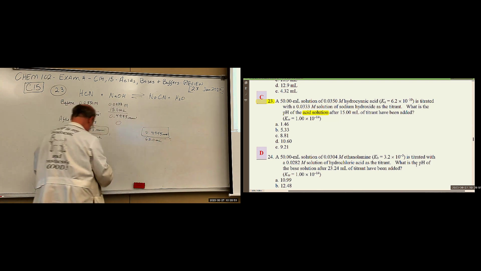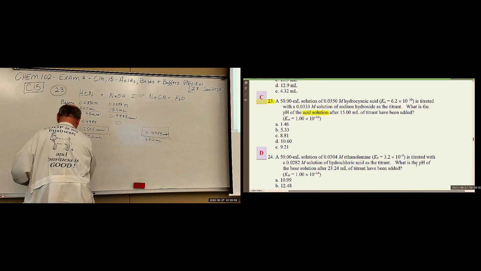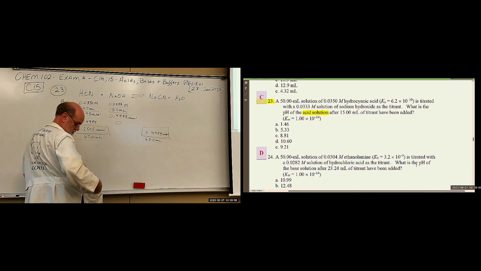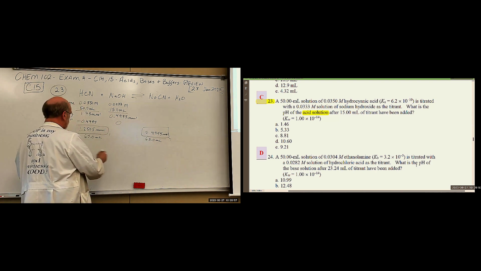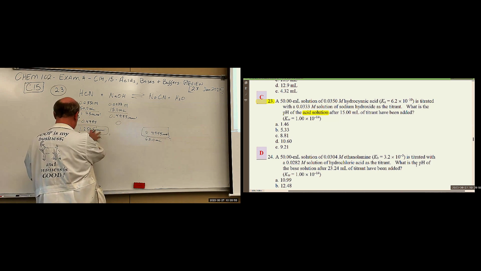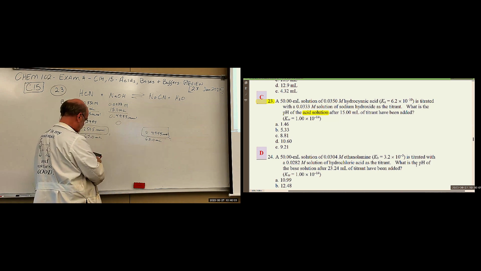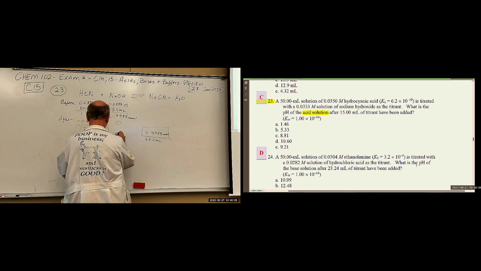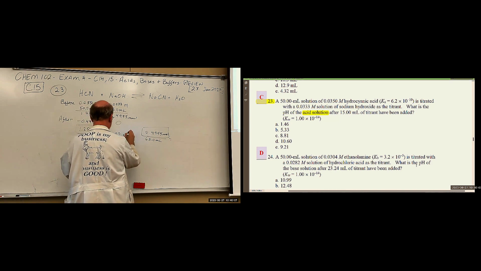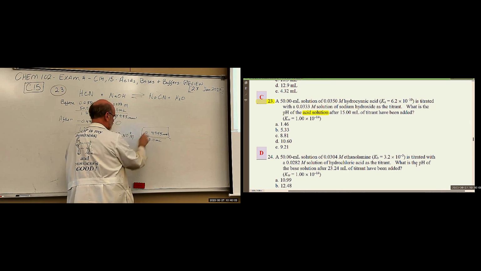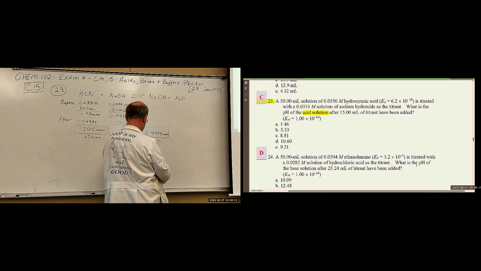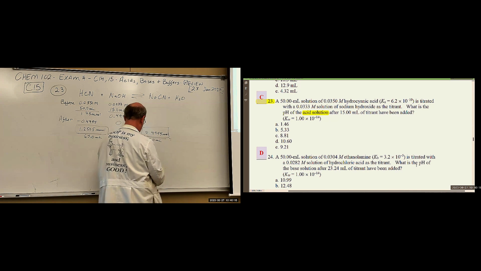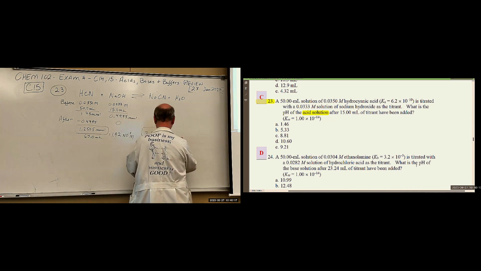So the concentration is, let's see, I can take this one. I've already got it in here, so I'll say 65 divided into that. This is 1.92 times 10 to the minus 2 molar. And this one is 0.4995 here and 65. This one is 7.685 times 10 to the minus 3.